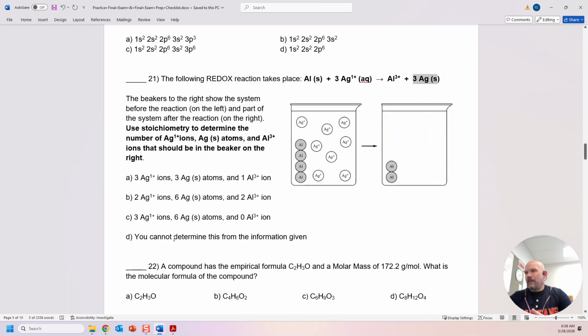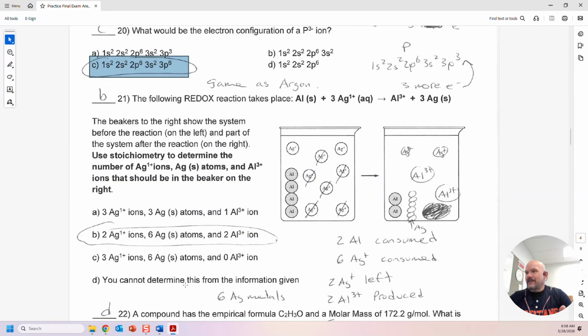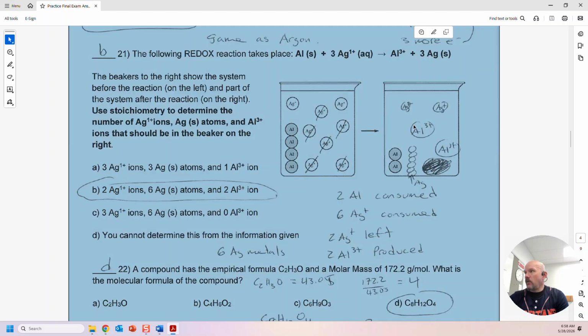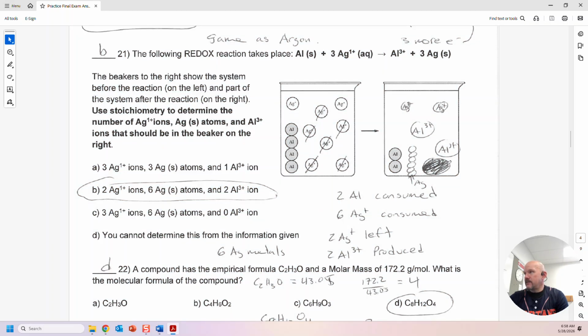And this is the right answer. On the right side, we should have 2 silver ions left over, 6 silver atoms, those are my silver atoms stacked up over here, and 2 aluminum ions.